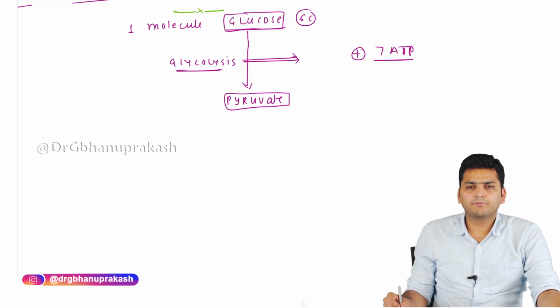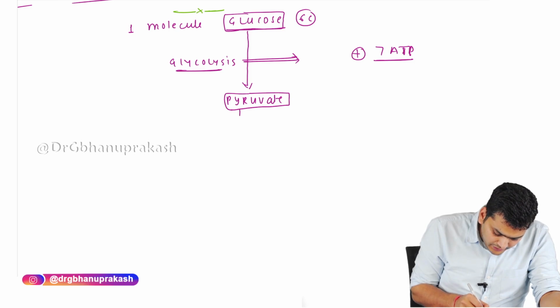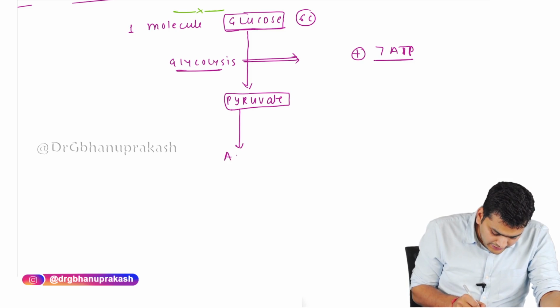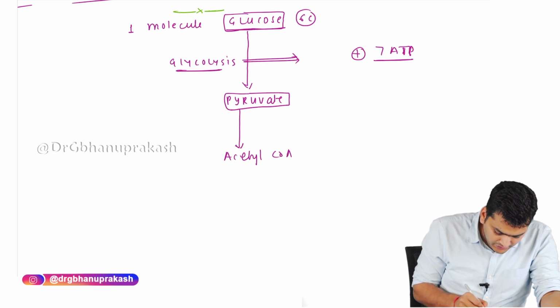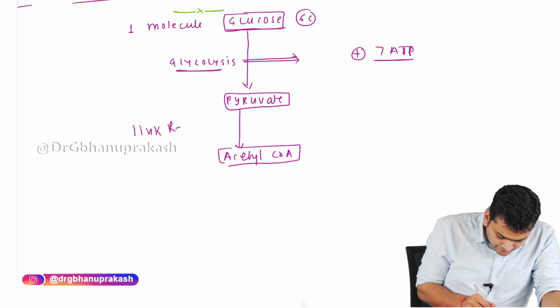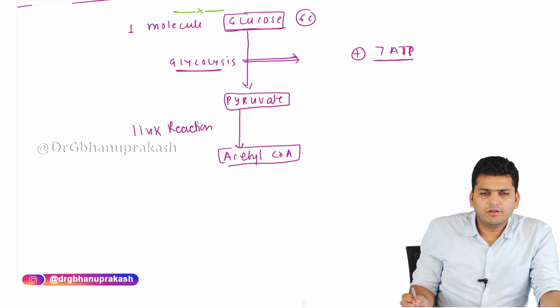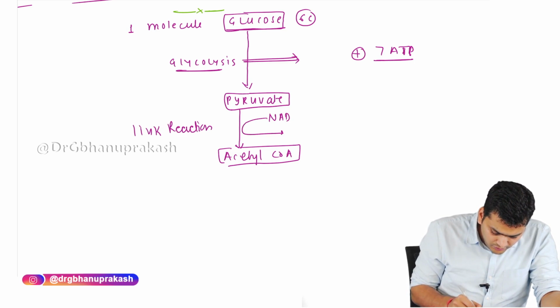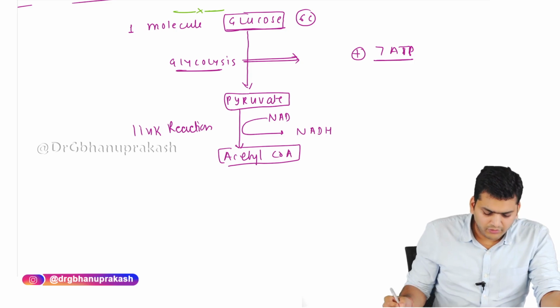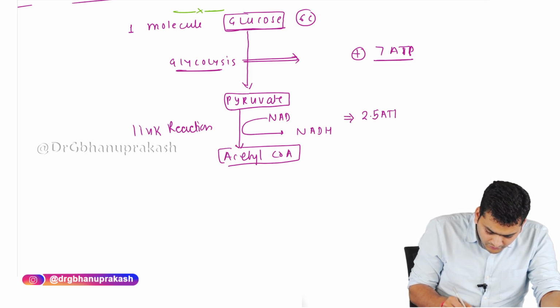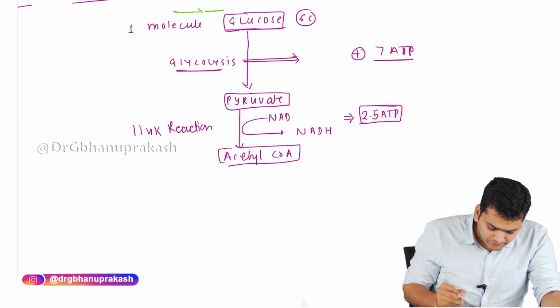Then this pyruvate is going to go into the link reaction and will convert into acetyl-CoA. In the link reaction, NAD converts into NADH, right? So NADH is equal to how much ATP? 1 NADH is equal to 2.5 ATP.